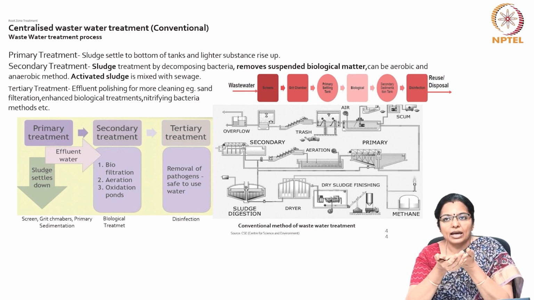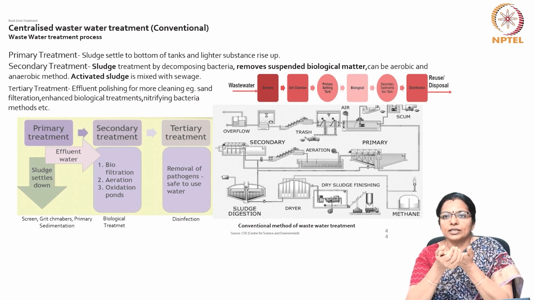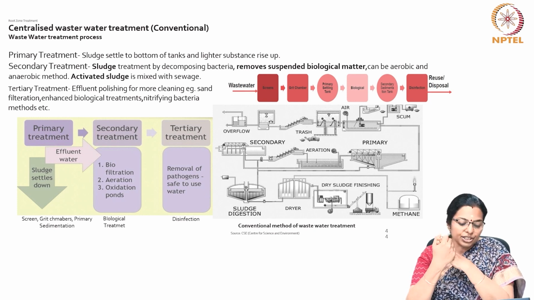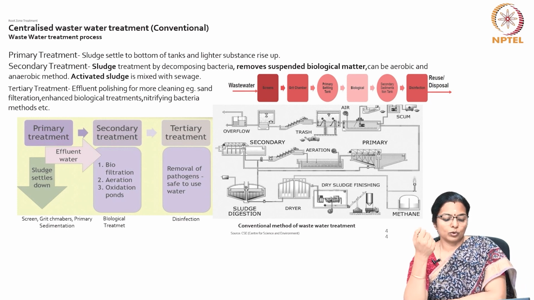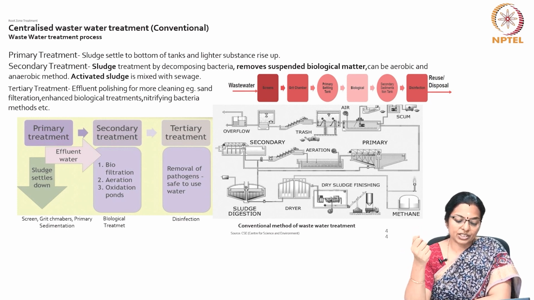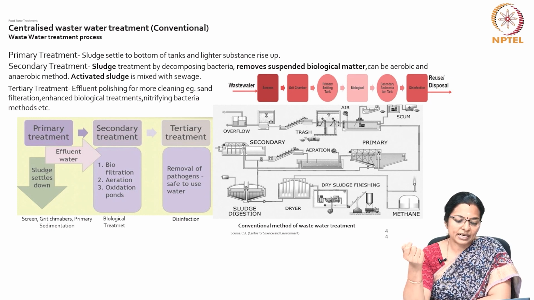This can be an aerobic or an anaerobic method. Then there is activated sludge, which is mixed with sewage. And then the tertiary treatment comprises effluent polishing for more cleaning by making it go through sand filtration, enhanced biological treatments, nitrifying bacteria methods, etc.